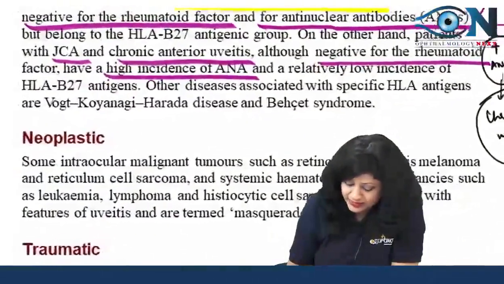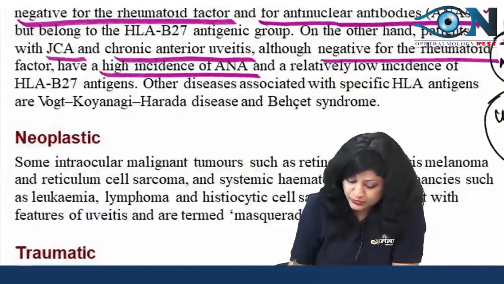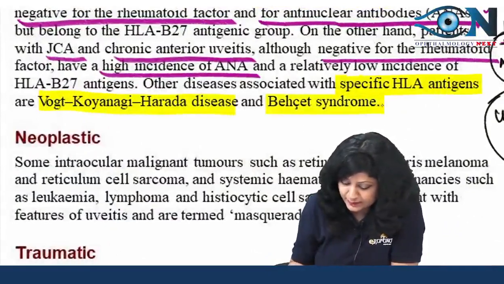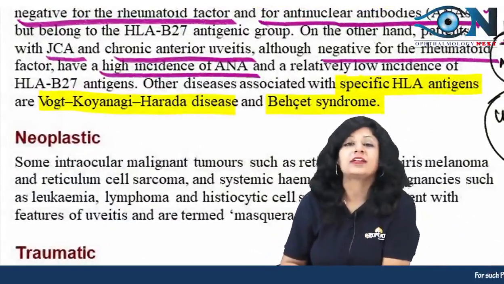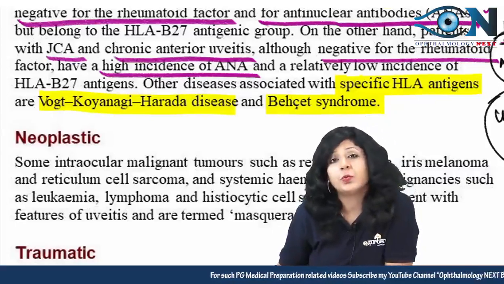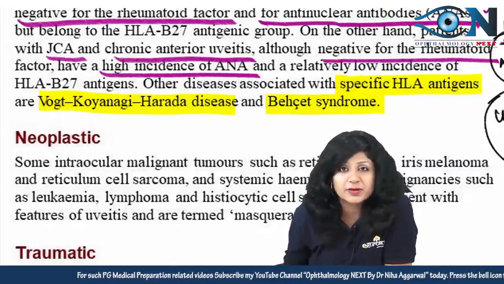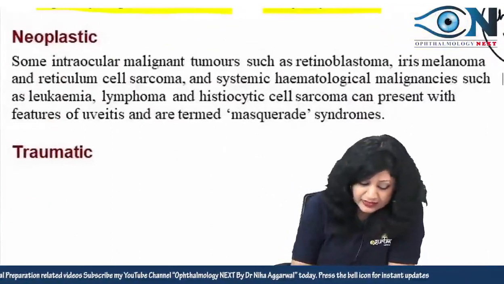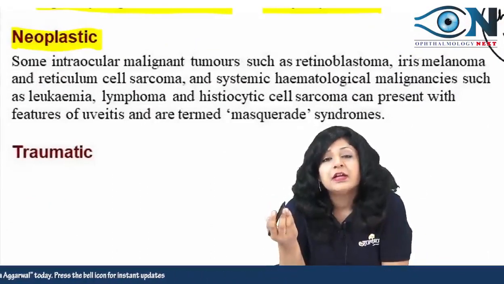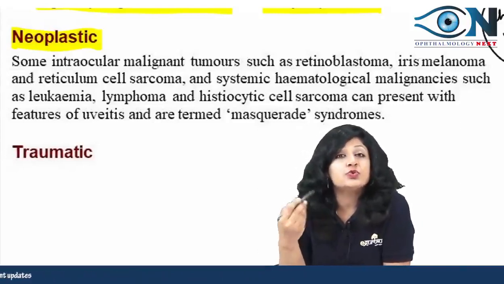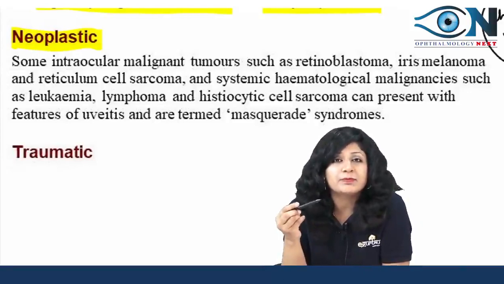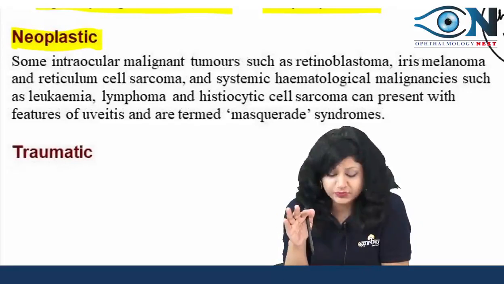Then on the other hand, we have other diseases which are also associated with specific HLA antigens, like VKH disease and Behçet's syndrome. Vogt-Koyanagi-Harada disease and Behçet's are again important HLA associations, but they are different from HLA-B27. Then neoplastic conditions, if you remember, can also present as a pseudo-uveitic syndrome, meaning they present in the form of inflammation but not the exact inflammatory pathologies.